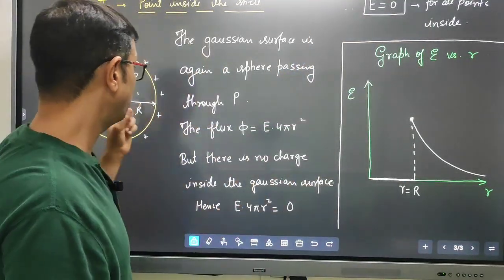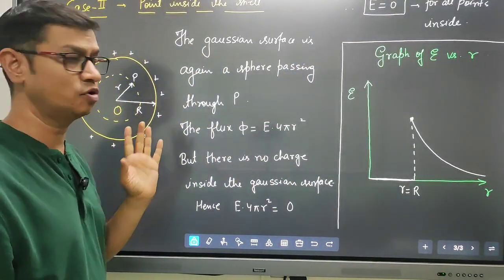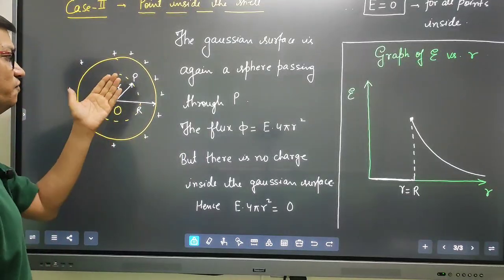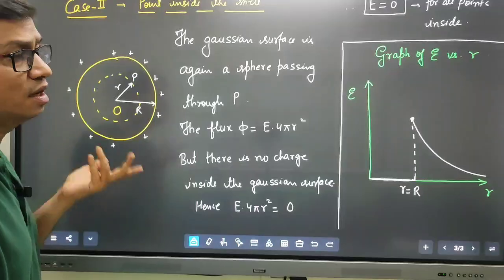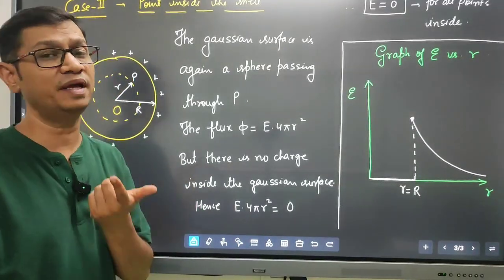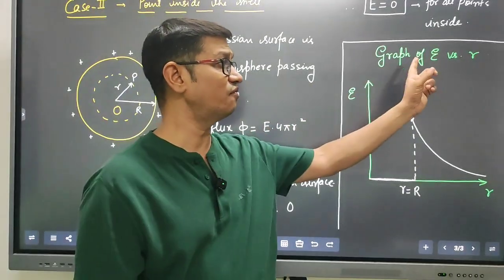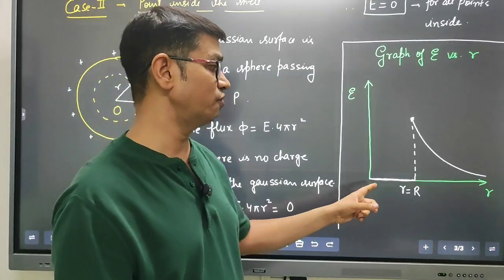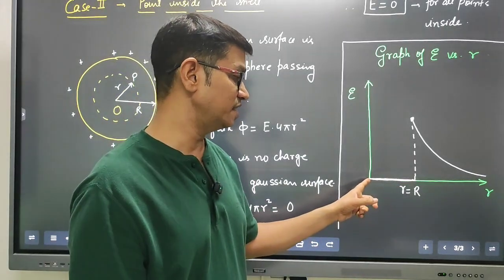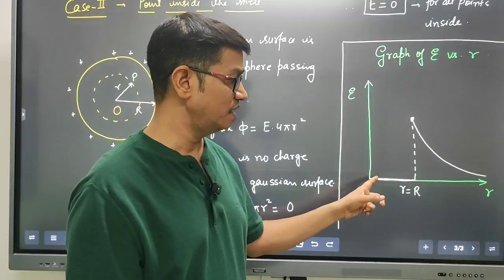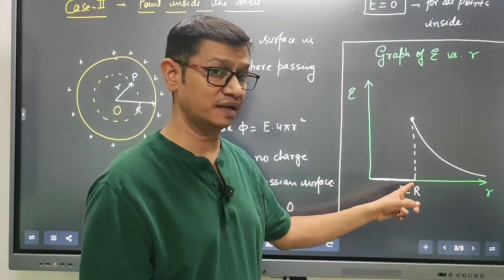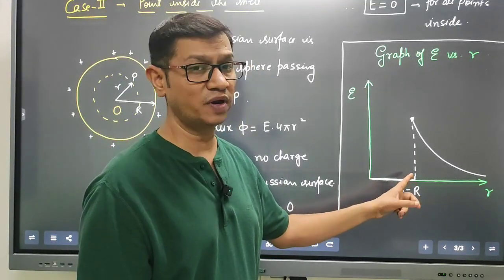That means for any point inside the shell, it doesn't matter where the point is, as long as it is inside the shell, there will be no net charge. So for any point inside the shell, electric field would be 0. So if you draw a graph of E versus r, it would look something like this. Let's say this is the center of the shell. Until you reach r equal to capital R, that is the radius of the shell, there is no electric field.